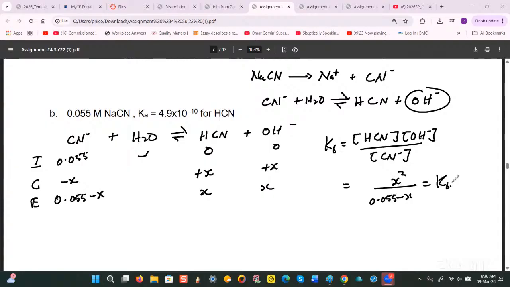Now, can anybody tell what that relationship is? Feel free to look in your notes or text or whatever. There's a relationship between Ka for an acid and Kb for the conjugate base of the acid.